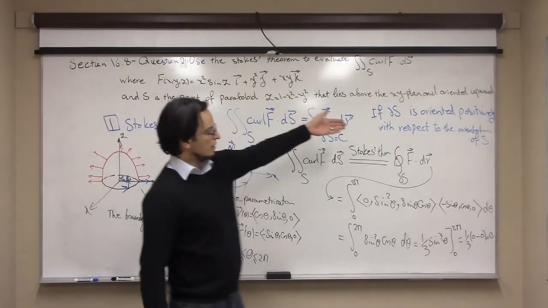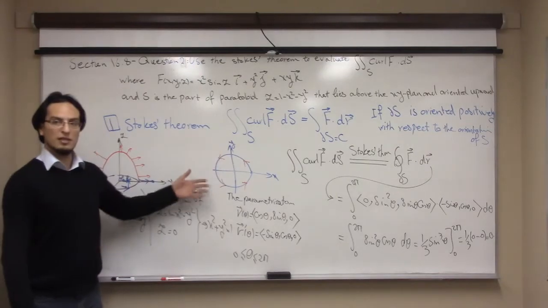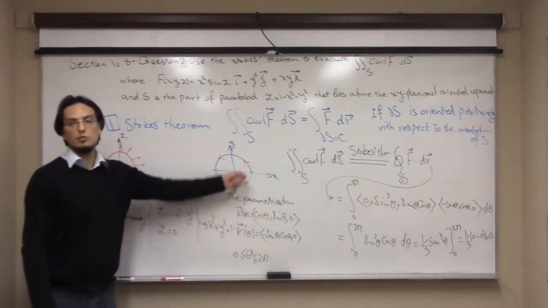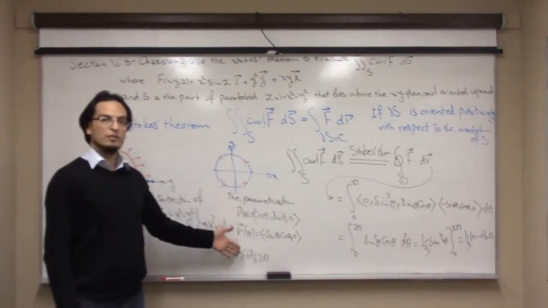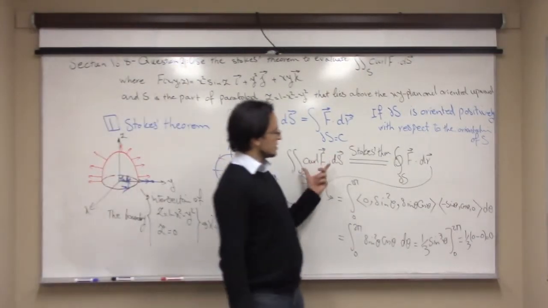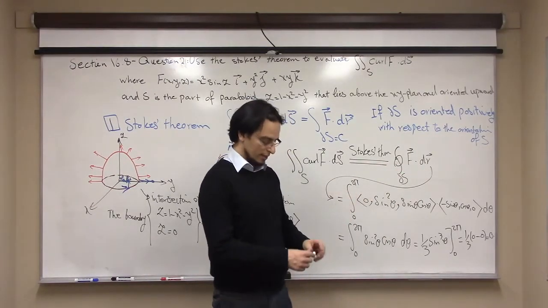And we have to be careful about orientation. So what I did here, we found the boundary, we found the orientation for the boundary, and then we found the right parameterization for that. And then by Stokes' theorem, I changed my surface integral to a line integral.